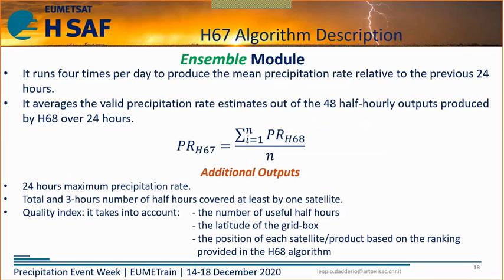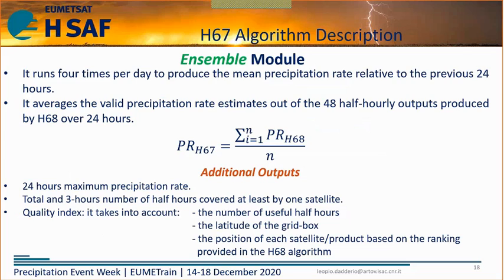So very quickly, the ensemble module runs 4 times per day, as I said, and it averages the valid precipitation rate estimates out of 48 half-hourly outputs produced by H68 over 24 hours. And you can see also the additional output that we already specified in the block diagram.